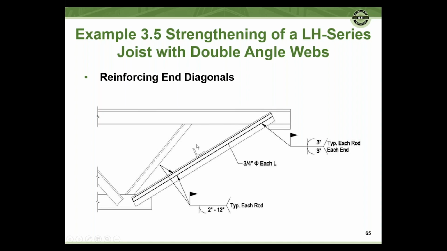So in most cases, you're probably going to see this angle, or some sort of an angle, installed there as a tie angle at about the mid-span of a double angle web. If you do see it, you can take some credit for it when you're calculating your KL/r ratios if your web is under compression.